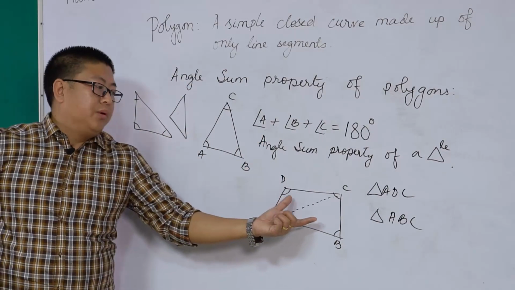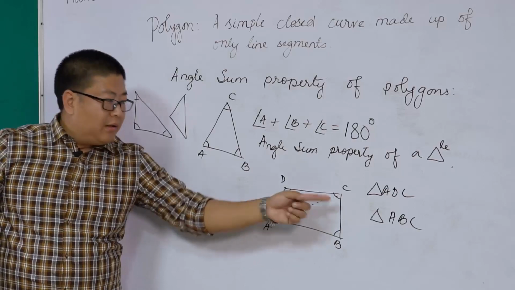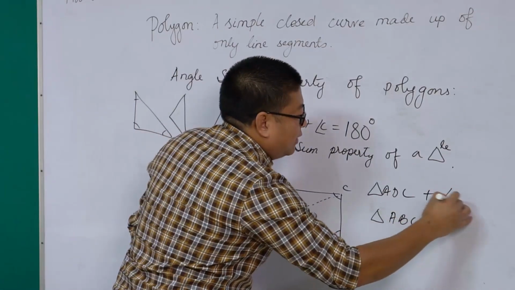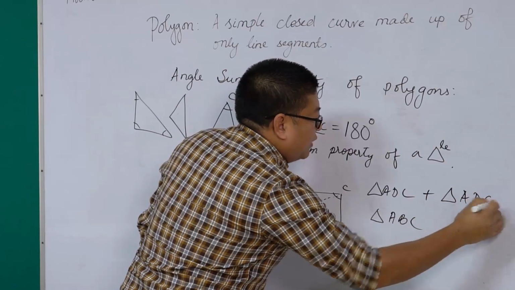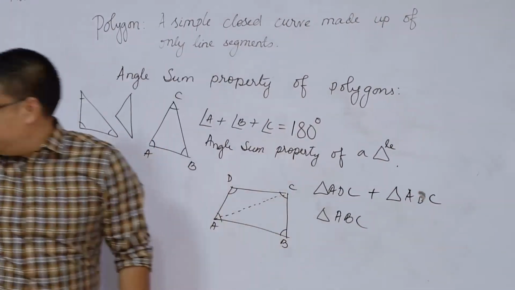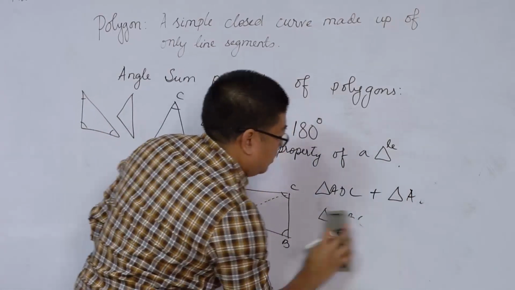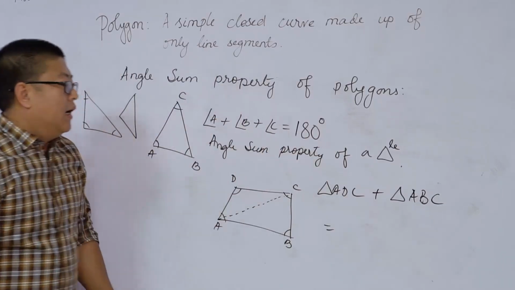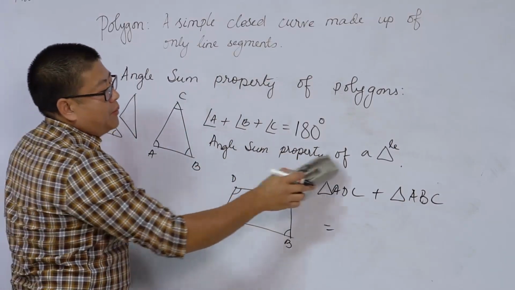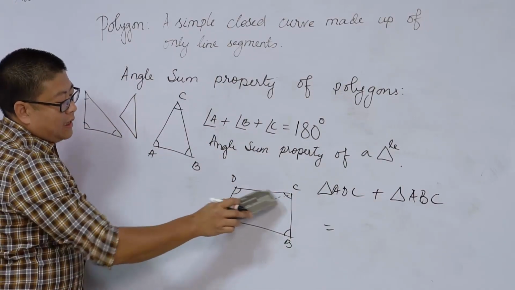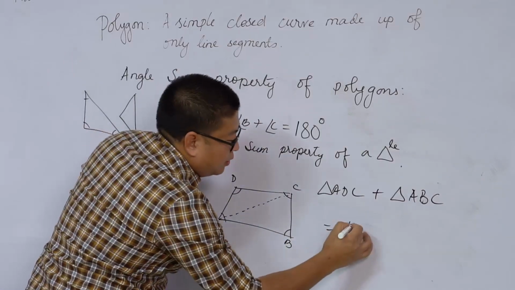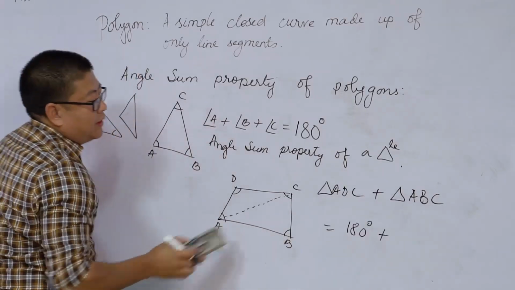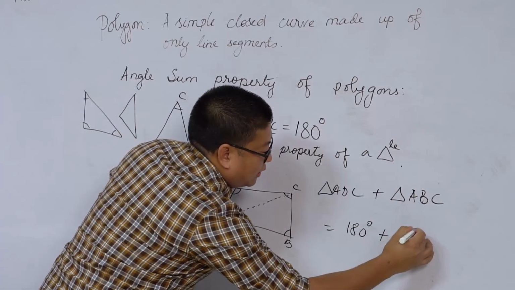Now, if you want to get the total internal angle of this quadrilateral, we're going to add the angles of these 2 triangles. Now, we already know from angle sum property of a triangle that sum of 3 angles is always equal to 180 degree. This also the same thing, 180 degree.